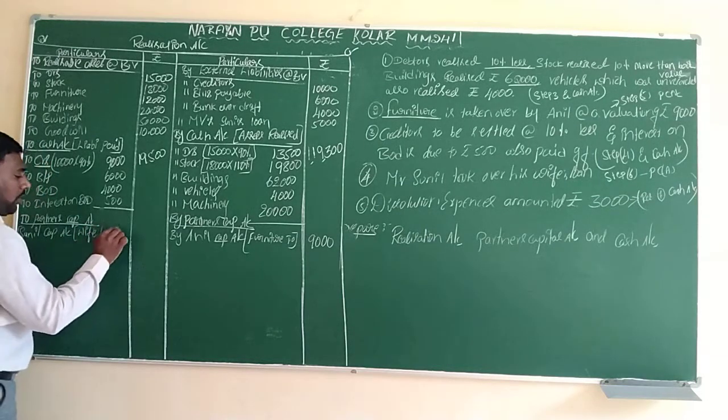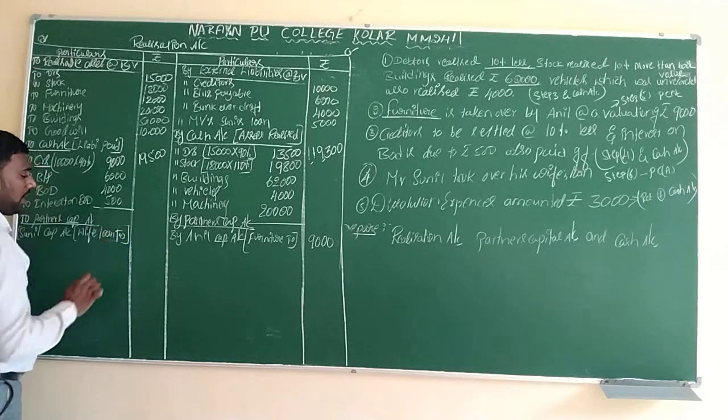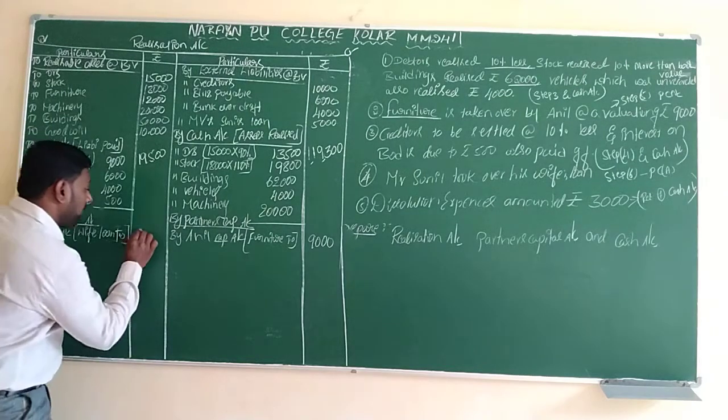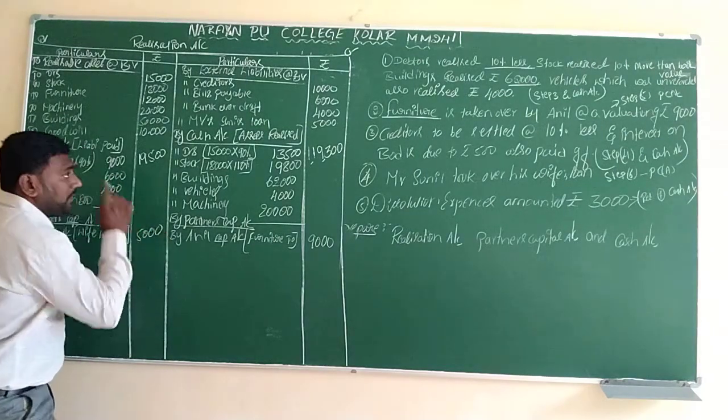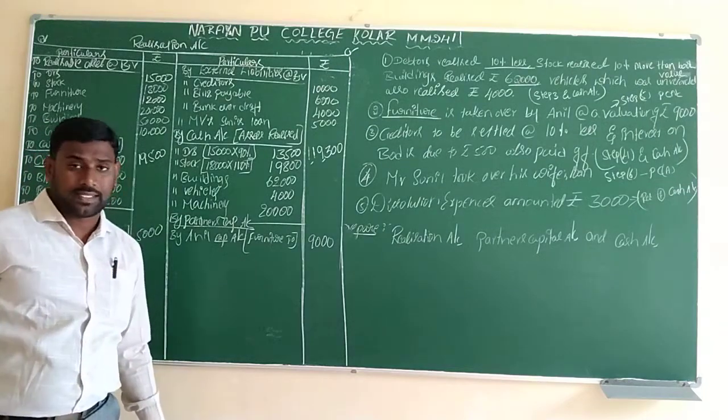So the wife loan is taken over by Sunil. What is the value of the loan? 5,000. That 5,000 lump sum value will be transferred here without any changes. We have to pay the lump sum value. Next, step number 6 is completed.